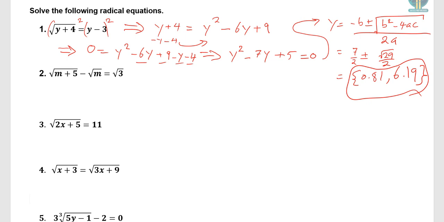Okay, next exercise. Square root of m plus 5 minus square root of m equals square root of 3. So again, first off, we can bring this m to the right-hand side, square root of 3 plus square root of m. And then we can square both sides, right?